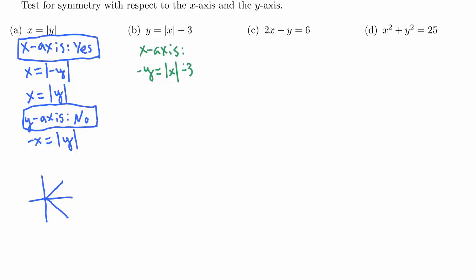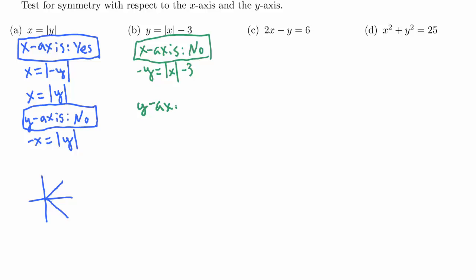I can't do anything with this, therefore it's not the same as the original. Even if I divide by -1, that gives me y equals negative absolute value of x plus 3, which again would not be the same as the original equation. Therefore, no, this is not symmetric with respect to the x-axis.